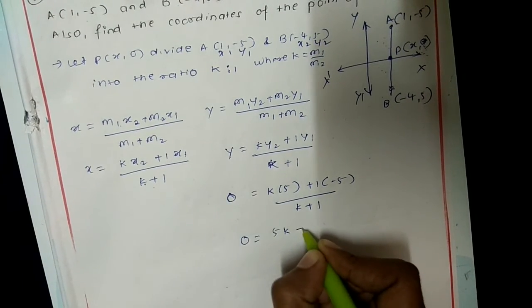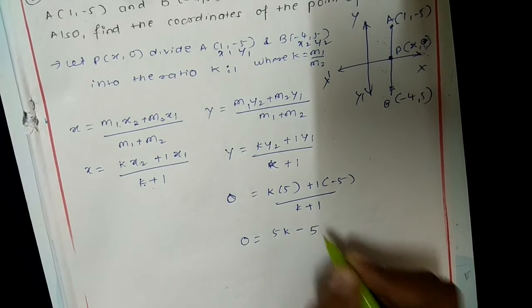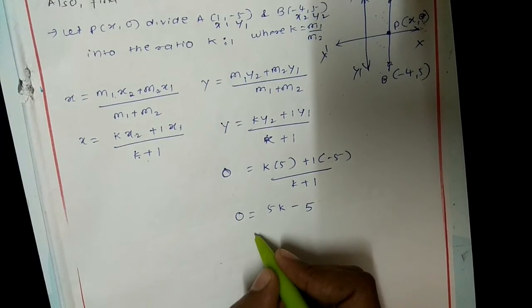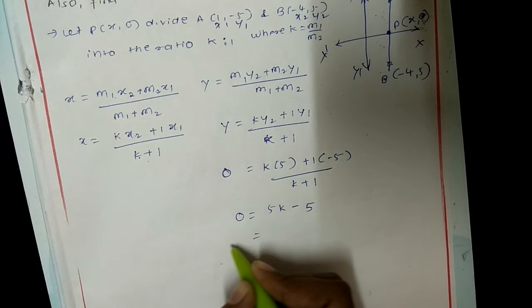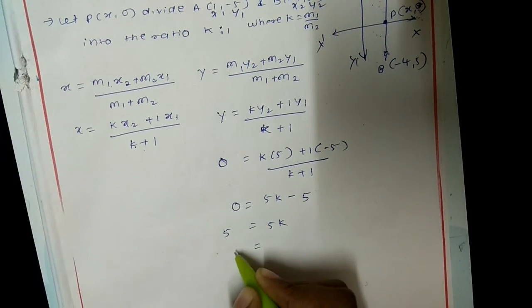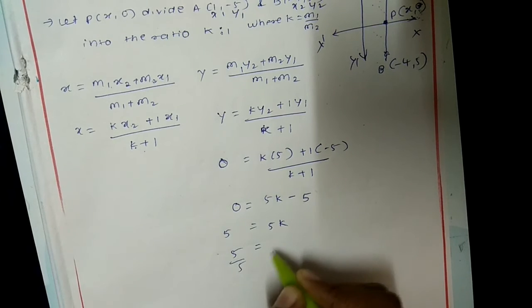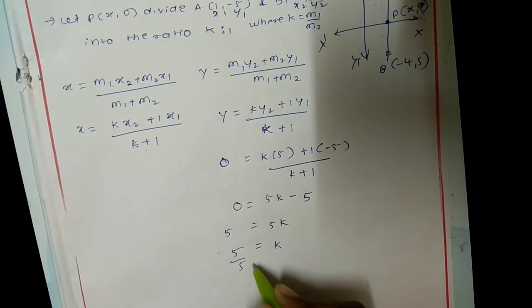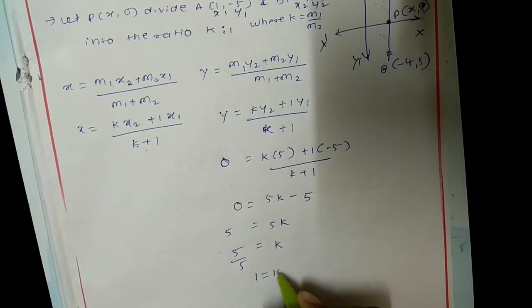So 5k minus 5 equals 0. To find k, we bring the 5 to this side, it will be plus 5, so 5k equals 5. So k equals 5 divided by 5, that is 1.